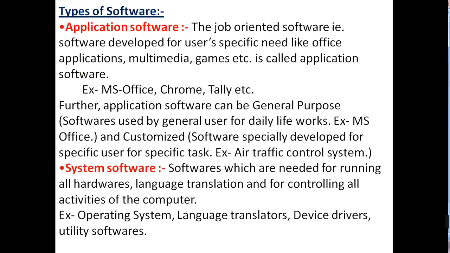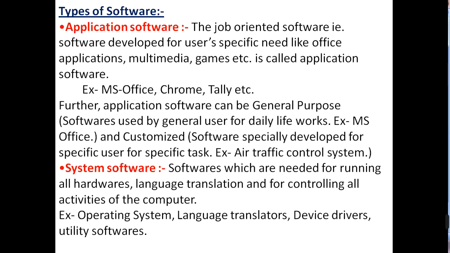As I have told just before, a software is a set of programs. So what is a program? A program is a set of instructions. By writing one or more lines of instruction, we can create a program, and that program is capable of doing some limited operations.